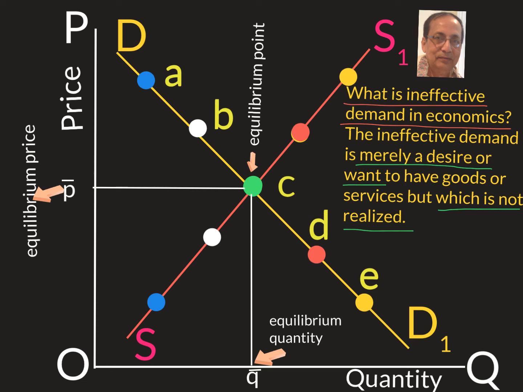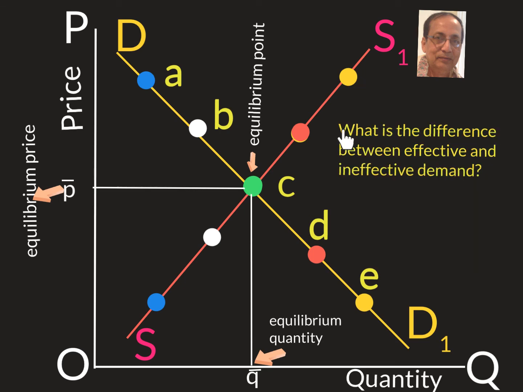And the points A, B, D, and E are not effective. They are ineffective because they are not representing the real purchase of goods and services. The real purchase of goods and services is OQ bar at price OP bar, which is represented by the point C.